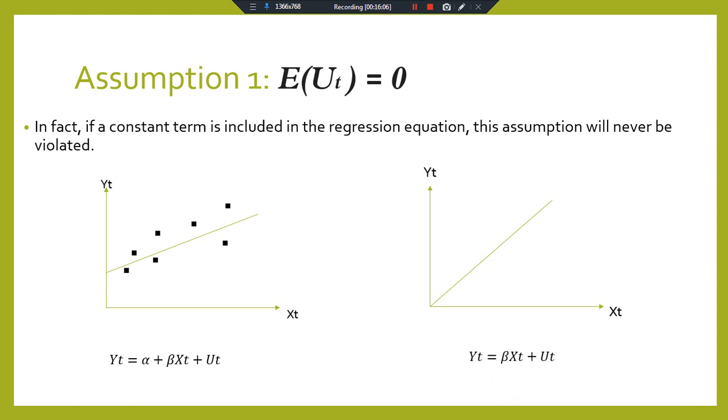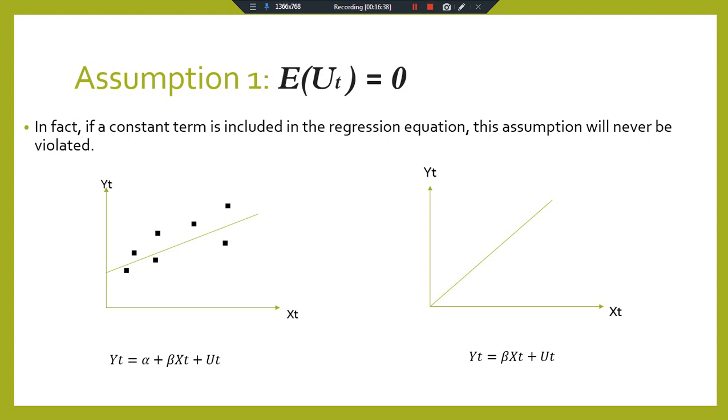So here, yt is the dependent variable and x is the independent variable, and we have ut. In this case, if our estimated regression line started from the origin, then keep it in mind that the sum of the errors is not equal to 0. So we cannot apply simple OLS on this assumption.